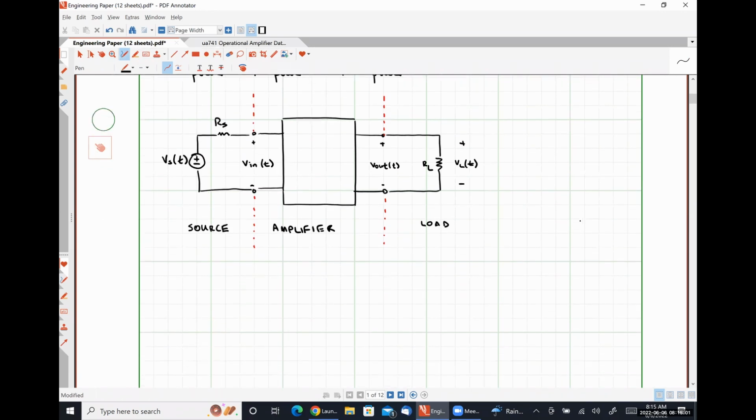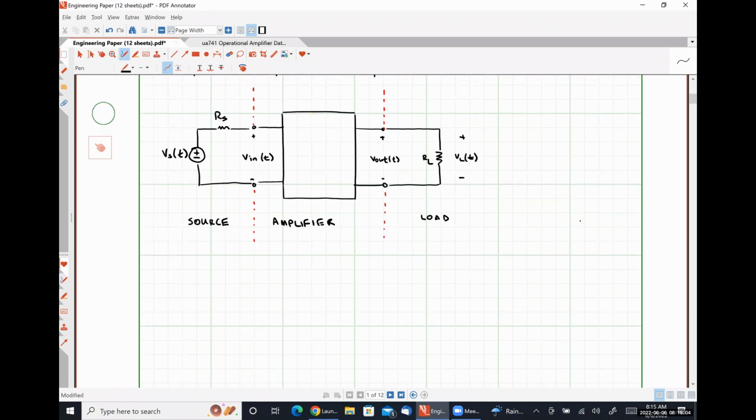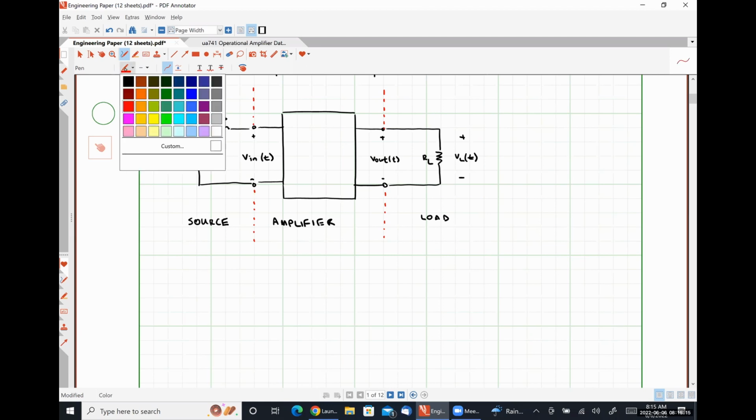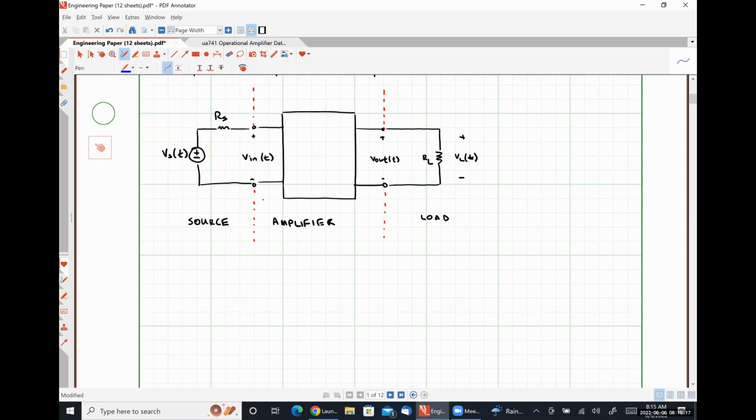So, using just simply Thevenin equivalent circuits, if we were to look, let me do this in blue, into the input terminals of our amplifier, what we would see would be called the input resistance of our amplifier.